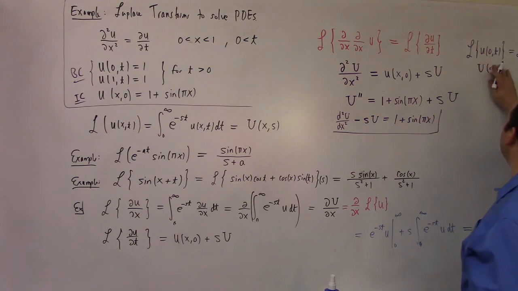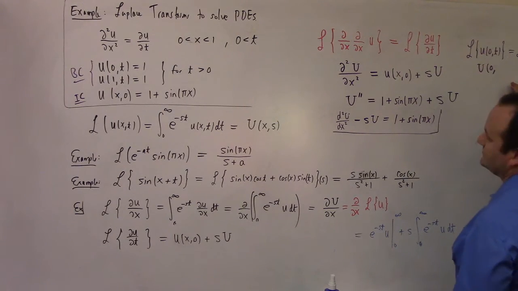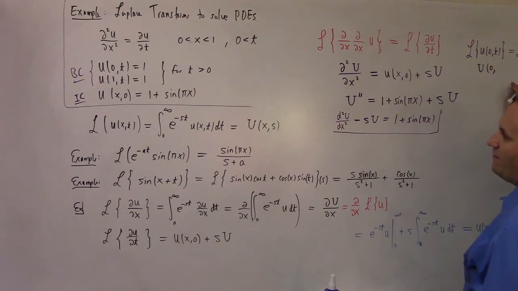Excuse me, s, yes, I'm sorry. Eventually I'll get it. U of 0, s is equal to 1 over s, equals 1. And likewise, the same for the other one, we get u of 1, s is equal to 1 over s.